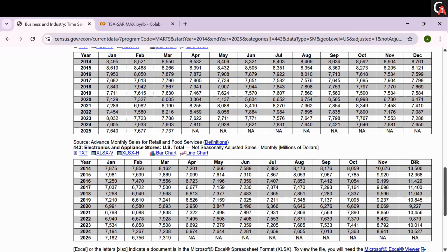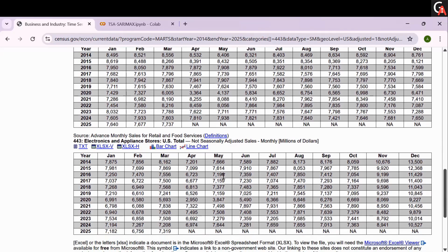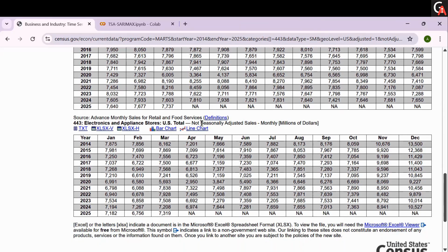Also, if you focus on the December month, the sales are at their peak as compared to the other months. So these are the real, actual values of sales. Whereas in the seasonally adjusted sales, these are not the actual sales. They have changed the sales values, and that's why they are the adjusted ones. But for this project, we will be using the not seasonally adjusted sales data only.